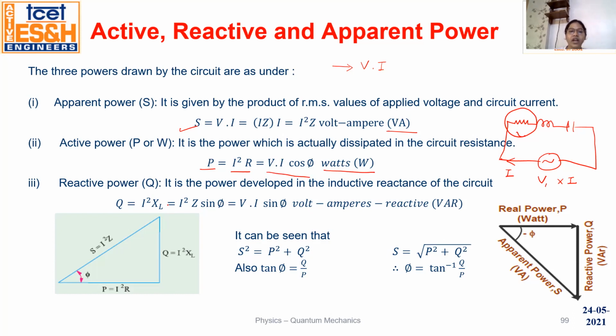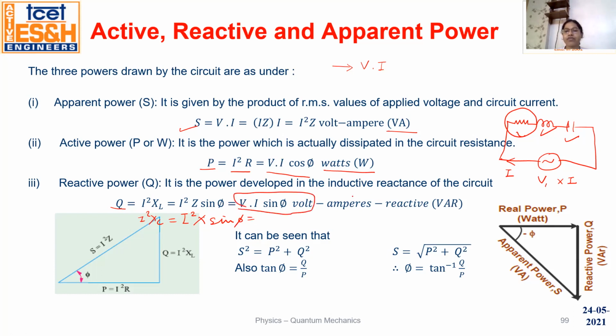And reactive power, I already mentioned, does no useful work in the circuit. It only circulates in the circuit. It is represented by Q, and it is across inductance and capacitance. So it is represented by either I square XL or I square XC. It is also represented as I square X, or VI sin phi.